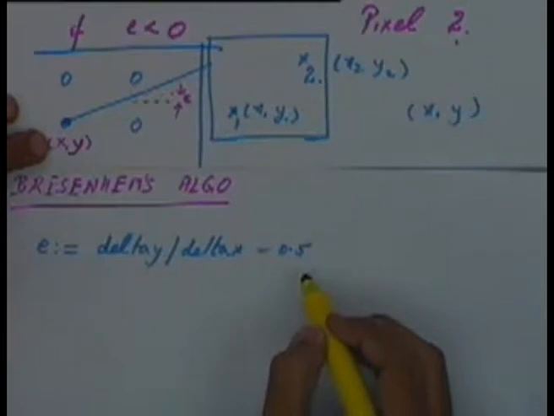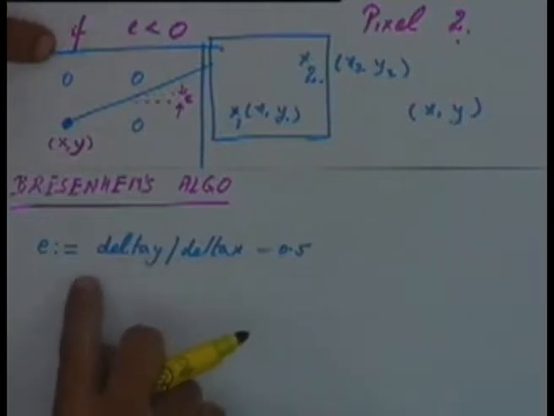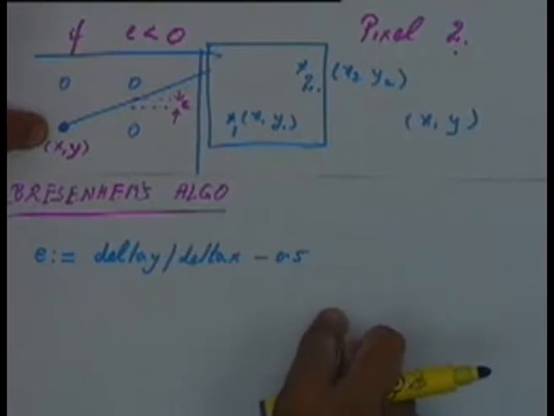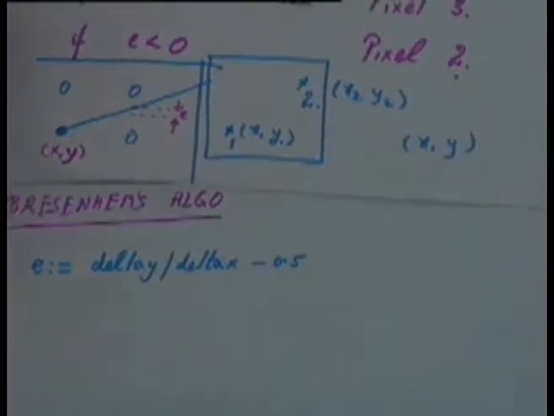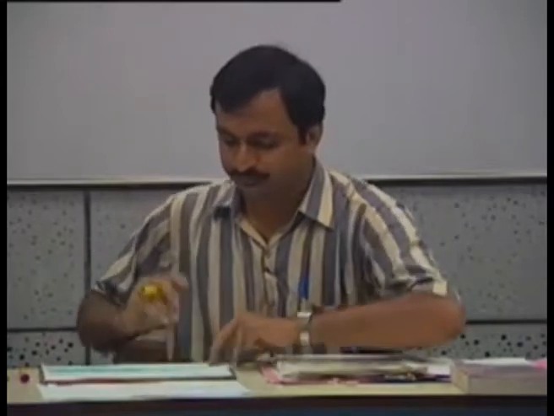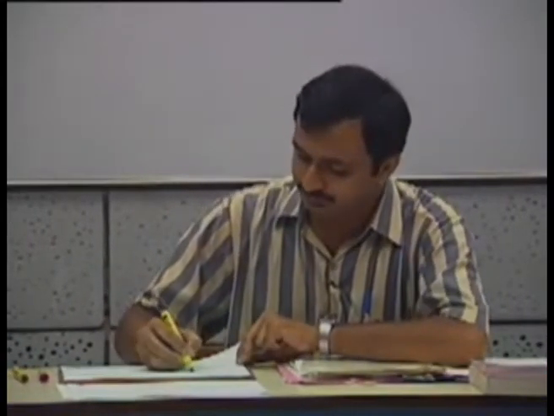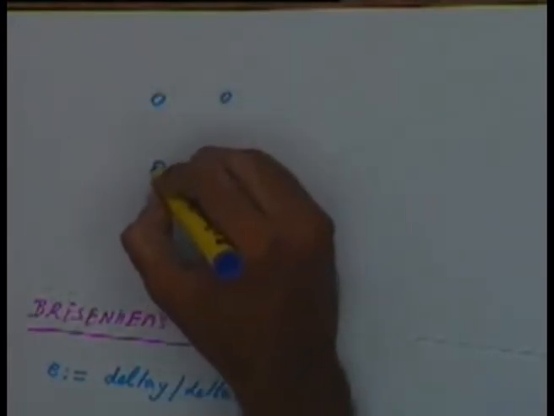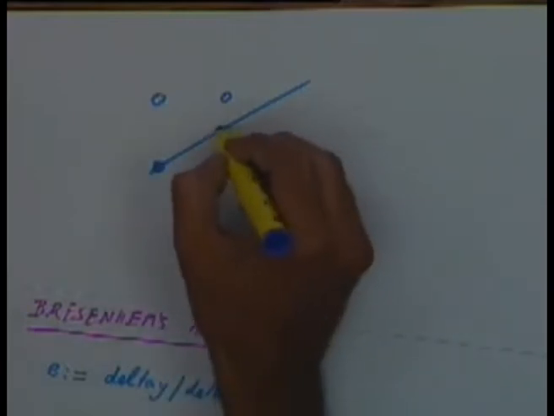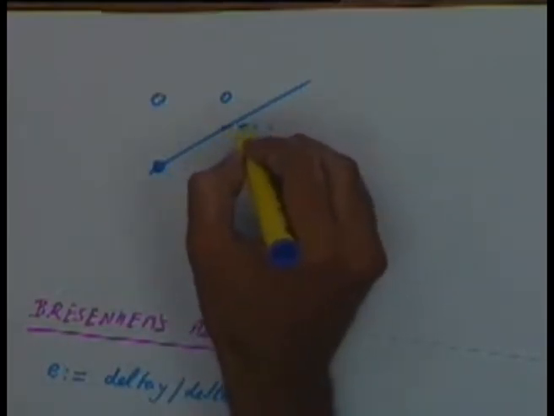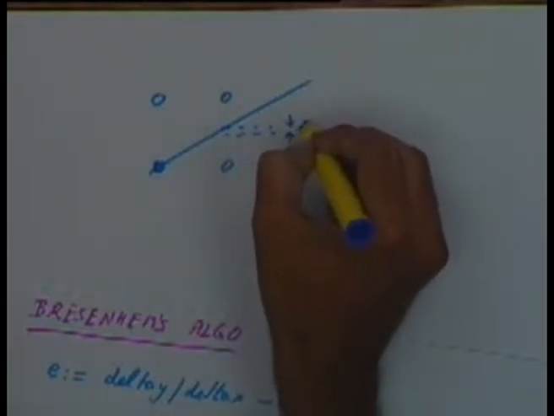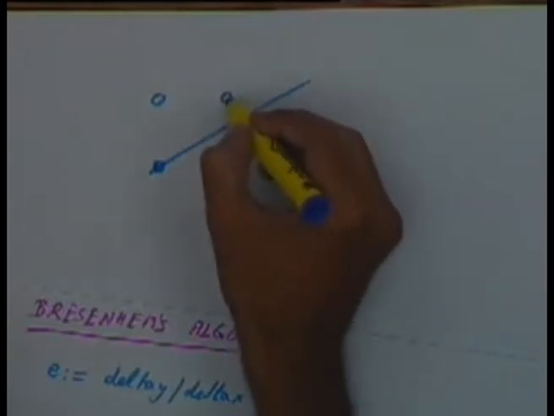Is that okay? So the initial error at the end of the first pixel will be dy by dx minus 0.5. So when I have to decide, I will draw the figure clearly here. This is the initial error at the end of this pixel.